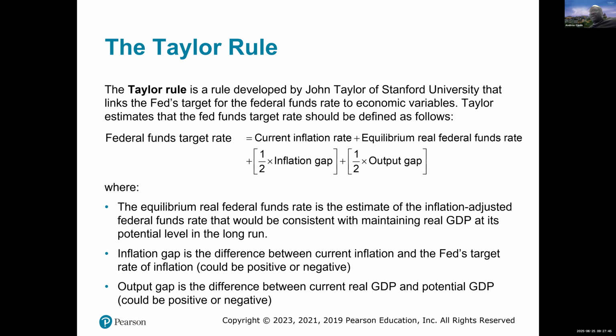Remember, the Federal Reserve's Open Market Committee meets about 8 times in a year. But in between meetings, we don't know what the Fed is doing behind closed doors, whether the Fed is going to raise or decrease interest rates. So Taylor came up with a mathematical formula that you and me, and even Wall Street, the market, can use to predict what the Fed might do to interest rates.